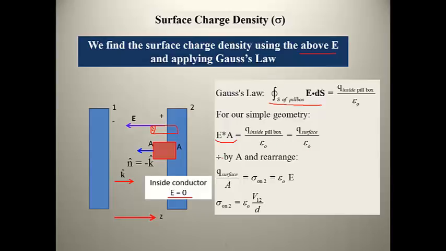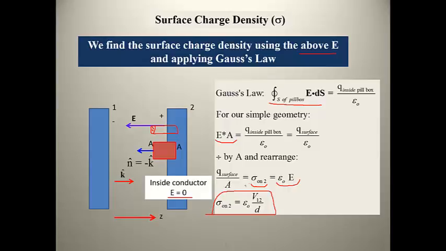So if we divide by A, then we'll have Q surface divided by A. That's the charge density on this surface here, and we've rearranged by multiplying by epsilon 0 both sides, and so we have the surface charge on 2 is equal to epsilon 0 times E. Putting in our equation for E, V12 over d, then this is the surface charge density on the plate.